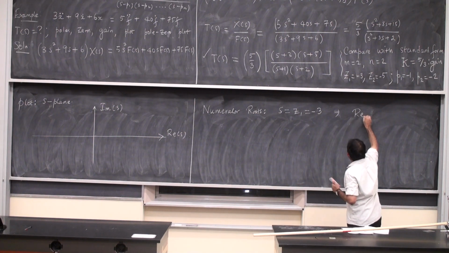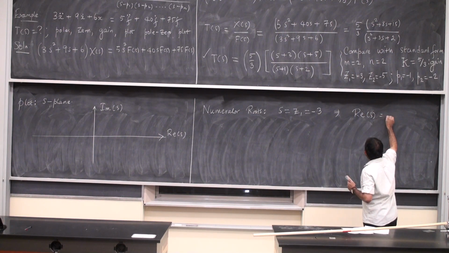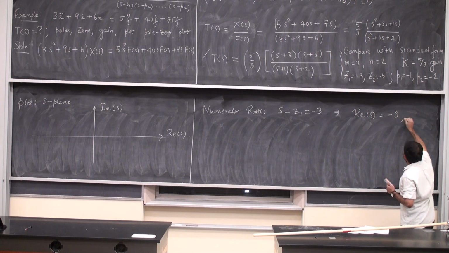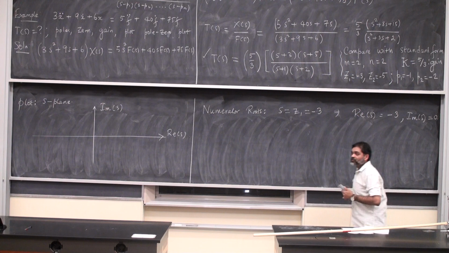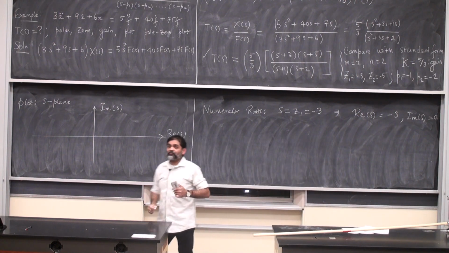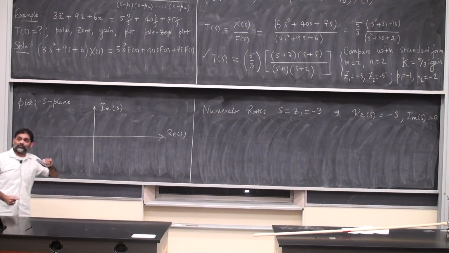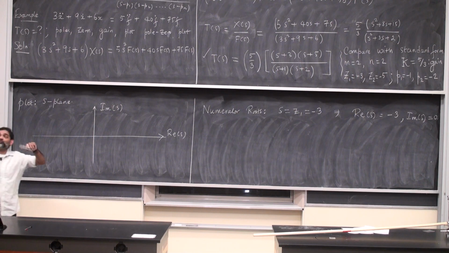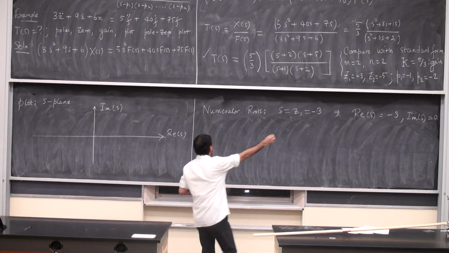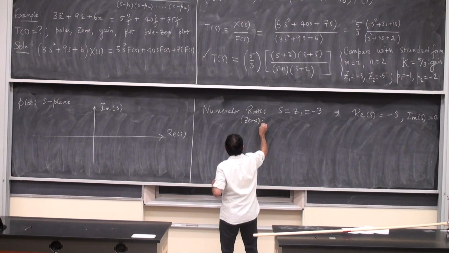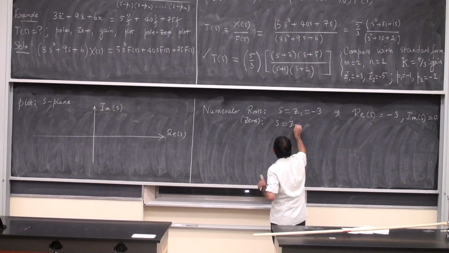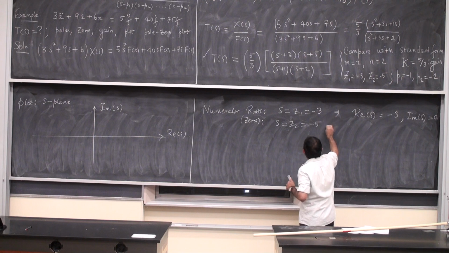So the real part of S is minus 3. Imaginary part is 0. Does this make sense to everybody? I'm looking at the first zero of the system. It has only a real part, it has no imaginary part. Likewise, these are the zeros. S is equal to Z2 is minus 5.